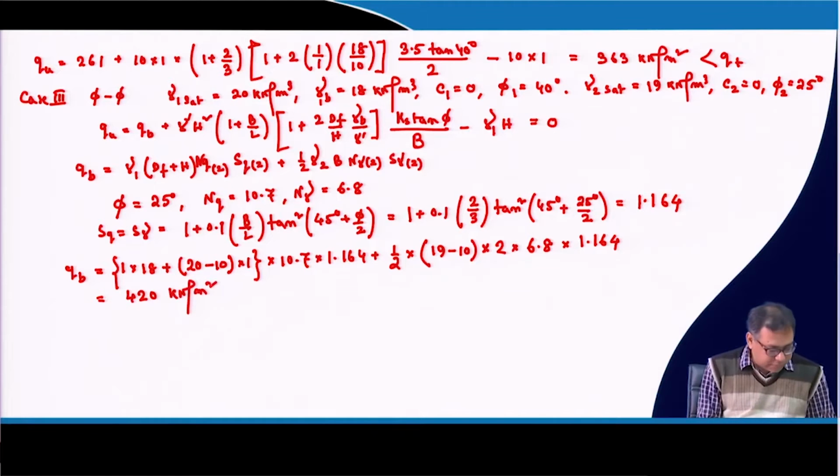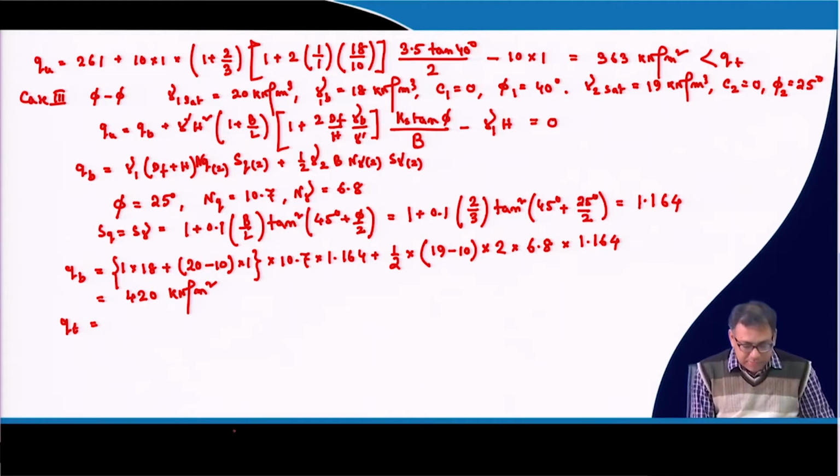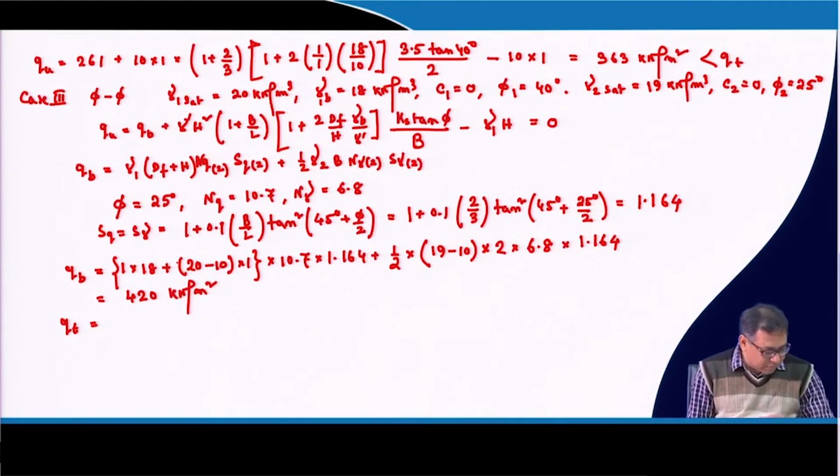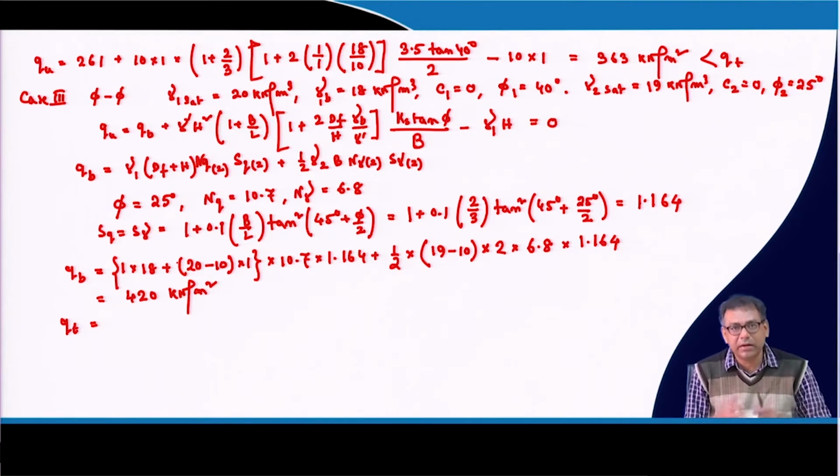kilonewton per meter square. Now, calculating q t. The initial q t value was 2732.7, and here also it will be again 2732.7, because all the values remain the same. It is not changed, and the position of the water table has also not changed.